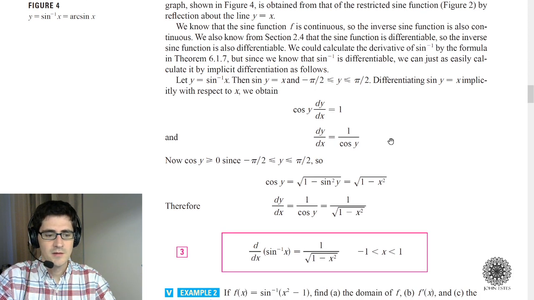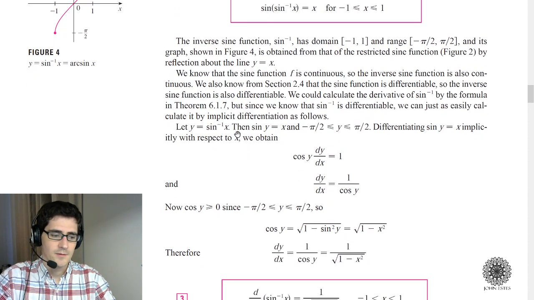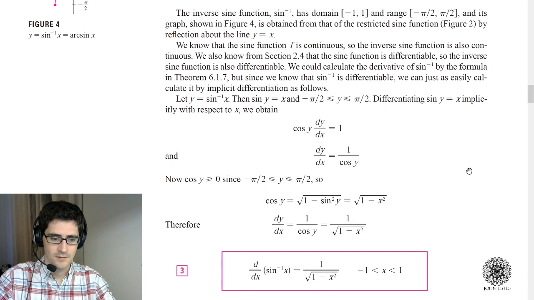And now remember here, this is where some of the range and domain things come into play. If I'm talking about sine inverse, my angle can only come from negative pi over 2 to pi over 2, quadrants 4 and 1, which means cosine will always be positive over that interval. All right.